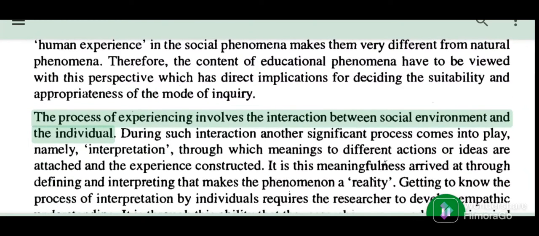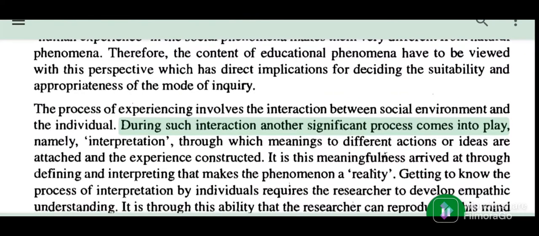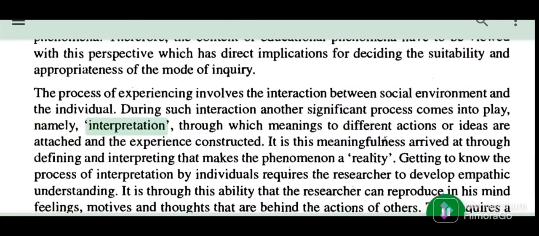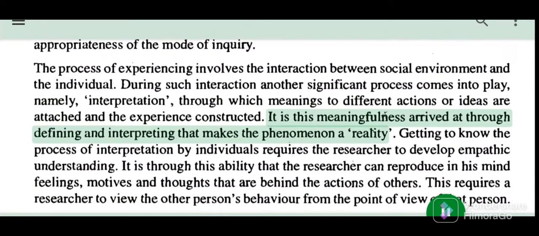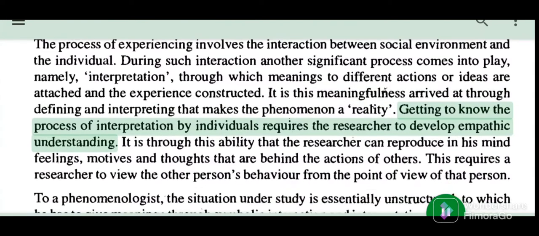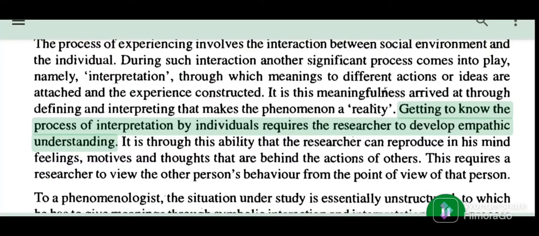The process of experiencing involves the interaction between social environment and the individual. During such interaction, another significant process comes into play, namely interpretation, through which meanings to different actions or ideas are attached and the experience constructed. It is this meaningful phase arrived at through defining and interpreting that makes the phenomenon a reality. Getting to know the process of interpretation by individuals requires the researcher to develop empathic understanding.